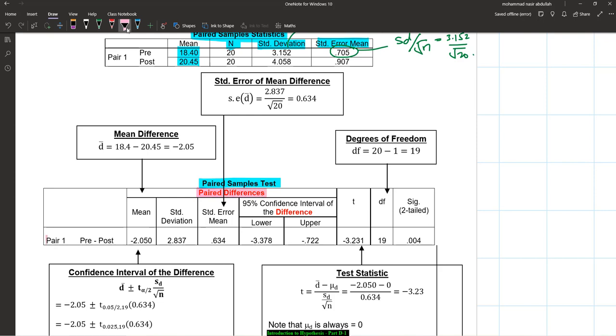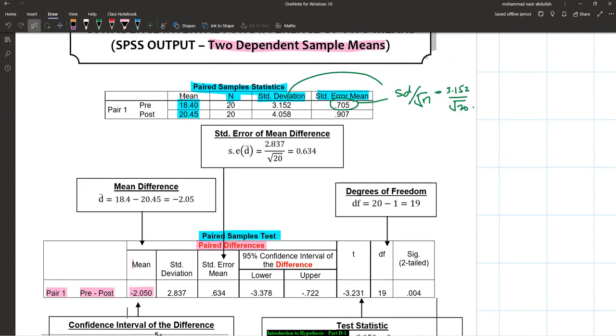The first row is pair number 1, the difference between the pre and post variables, and this is the mean difference, which is the mean for pre minus the mean for post. So 18.4 minus 20.45, and you will get negative 2.05. This is the standard deviation of the difference, which is 2.83.